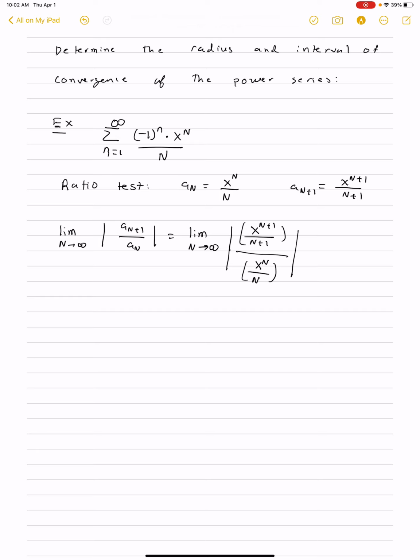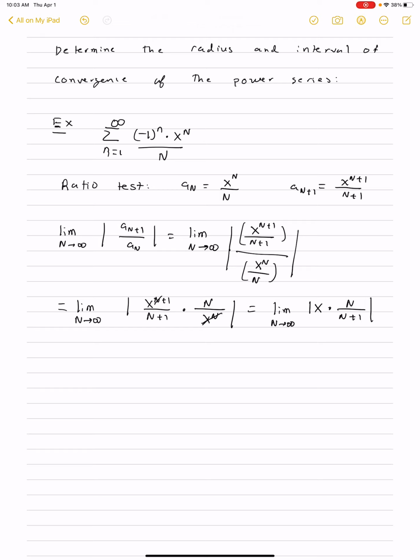We're going to do our trick to simplify this: invert and multiply. So I'm going to have x to the n plus 1 over n plus 1 multiplied by n over x to the n. Now I get to cancel some things, and I'm left with the limit as n goes to infinity of the absolute value of x times n over n plus 1.